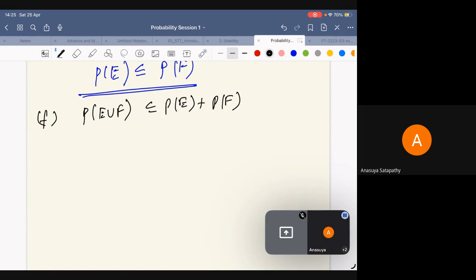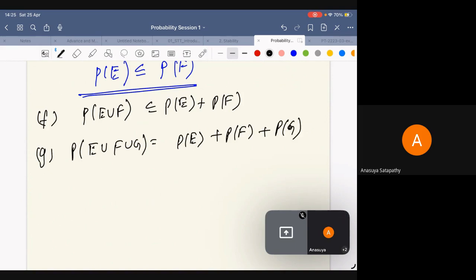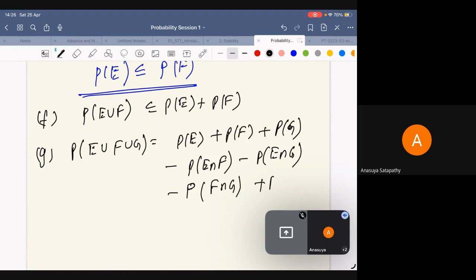Let me give you one more formula also. Probability of E union F union G equals probability of E plus probability of F plus probability of G, minus probability of E intersection F, minus probability of E intersection G, minus probability of F intersection G, plus probability of E intersection F intersection G, minus the common ones.